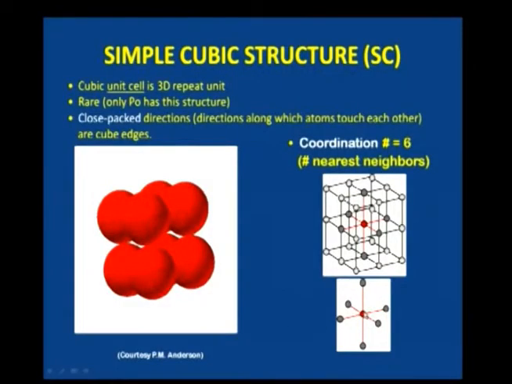So, that makes the fifth atom. Similarly, along the z direction I got one atom here, then along the opposite direction there will be one atom here. So, with respect to this atom, 4 will be in the same plane, 1 above and 1 below. So, for this atom the coordination number is 6.